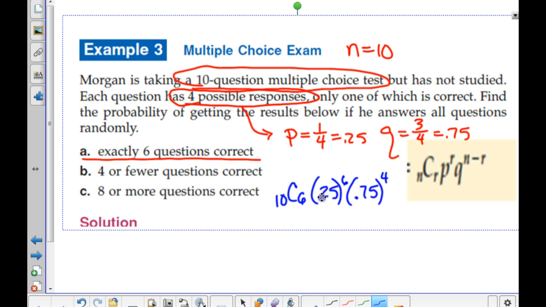Okay. This is you're getting right 6, wrong 4. You're multiplying all these.